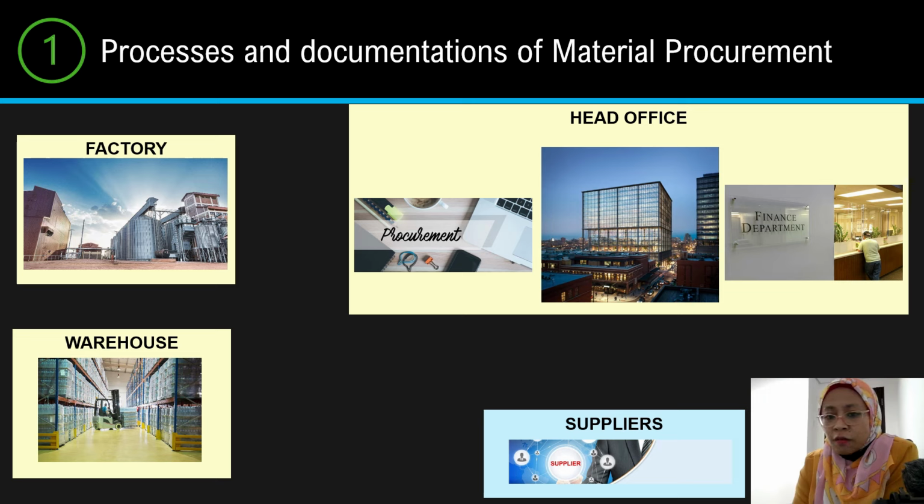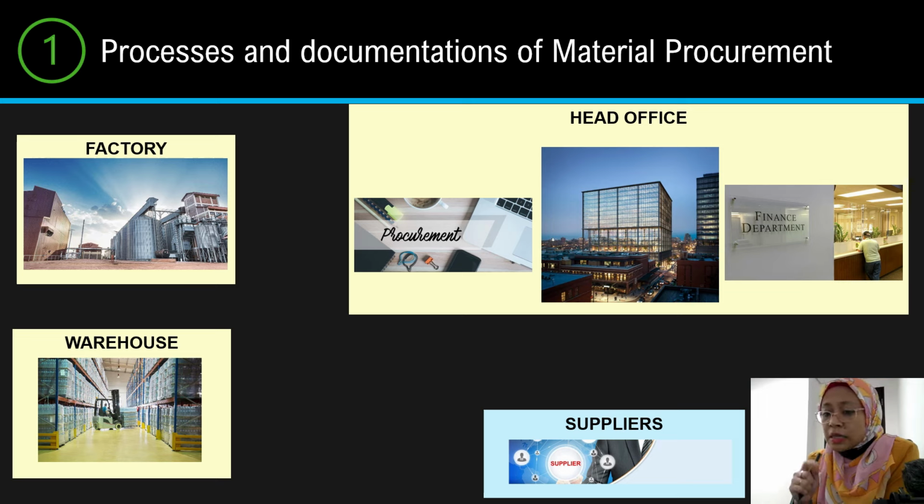On the left side of the head office here, there is a procurement department. Procurement, on the other hand, is in charge of identifying suppliers, the list of suppliers, and scanning or filtering which suppliers can give the best offer to the company.